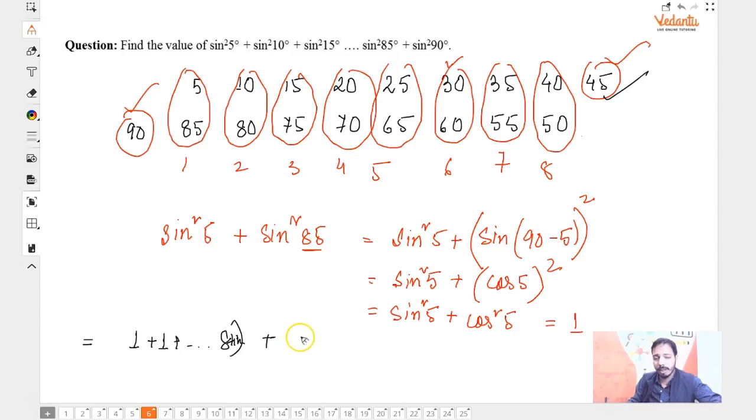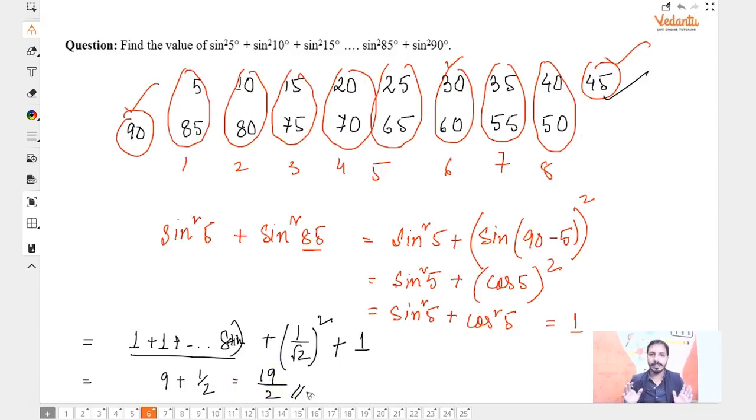So sine square of 45, that means sine 45 is 1 by root 2 and the square of this will be half, and plus sine of 90. Sine of 90 is 1, so the square of this also is 1. So that means I have 8 plus 1 is 9, plus 1 by 2. So this will give me 2 times 9 is 18 plus 1, 19 by 2. So guys, the answer is 19 by 2.